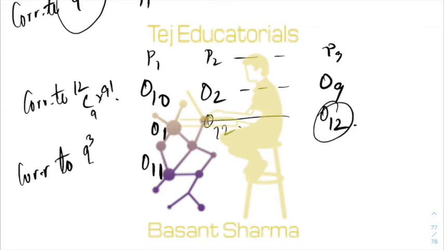What we are concerned with is that there is intra permutation happening within P1.